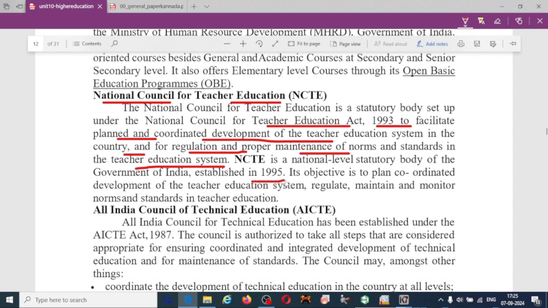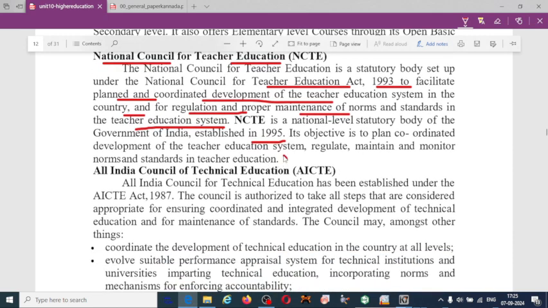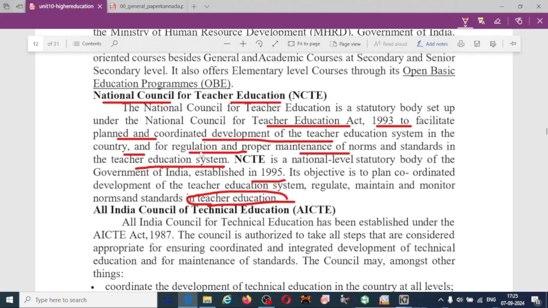It is a national level statutory body established in 1995. So it all depends upon the standards in teacher education. It is related to teachers.